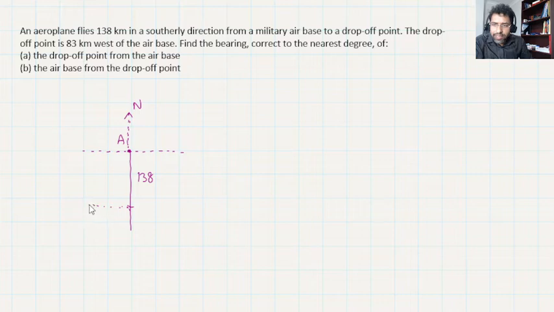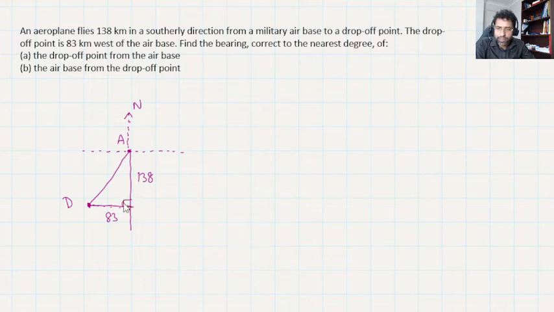So let's say this is our 83. The drop-off point, which is represented by D, is sitting here. If I connect this line, this is our airbase, the starting point, going south and then going west, where D is 83 kilometers.